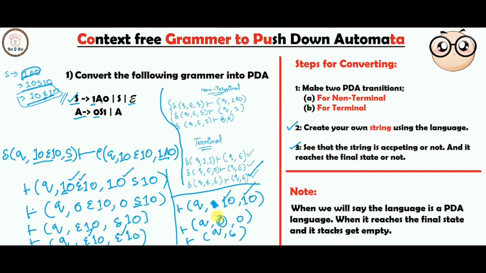So in the end we got 0 0, which is nothing but a terminal. So as I said, terminal always gives you an empty stack, okay. So this proves that it reaches the empty stack and final state. So it proves that this grammar satisfies the PDA language. So we had converted this context-free grammar to PDA.